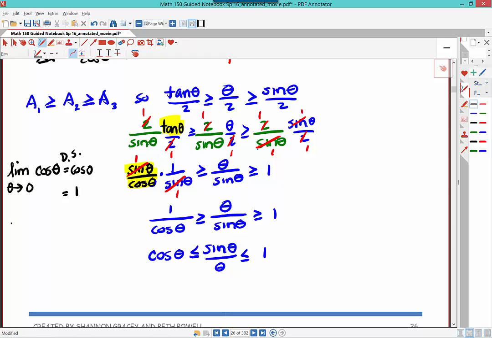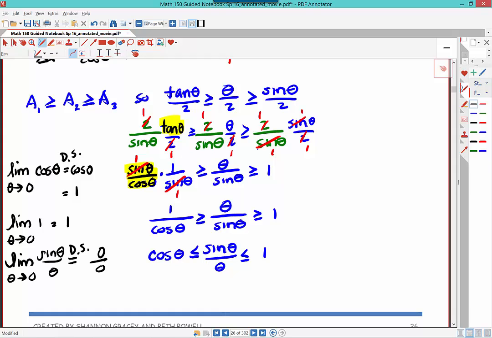And on the right side, the limit as theta approaches 0 of 1 is 1. Beautiful. Now the other one, the limit as theta approaches 0 of sine theta over theta is, by direct substitution, sine 0 over 0, which is 0 over 0, which is indeterminate.